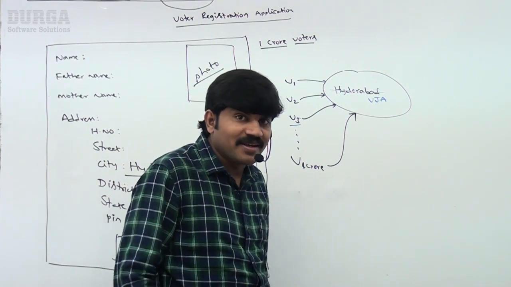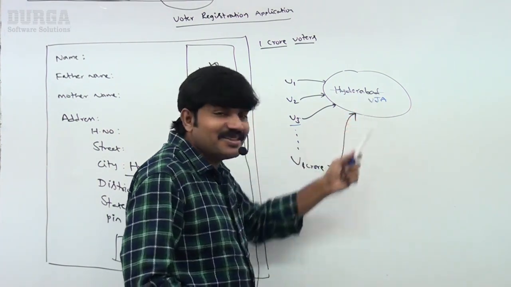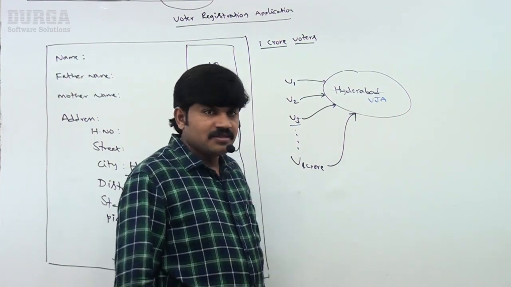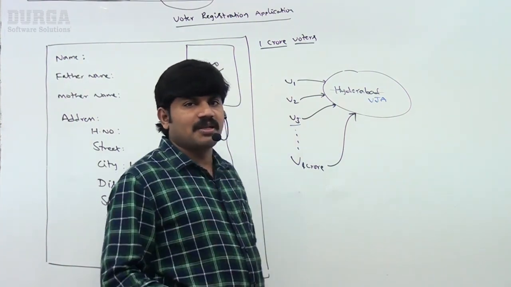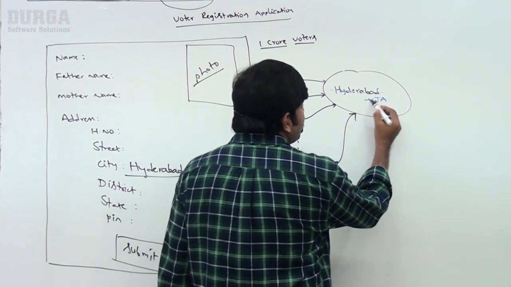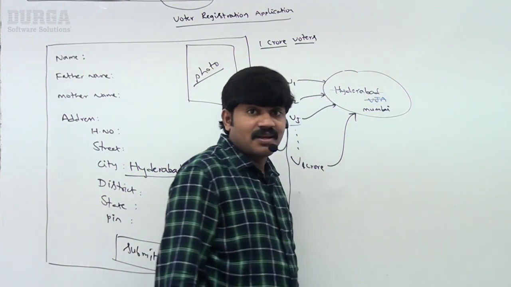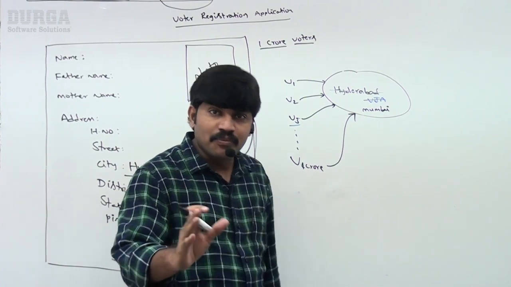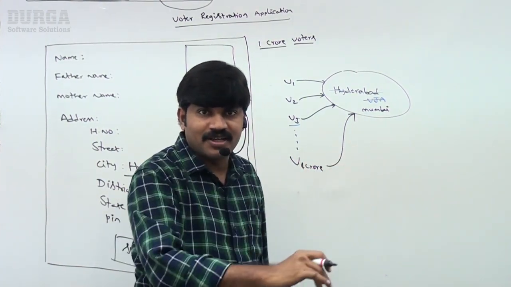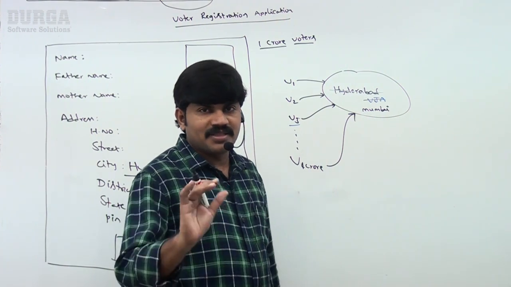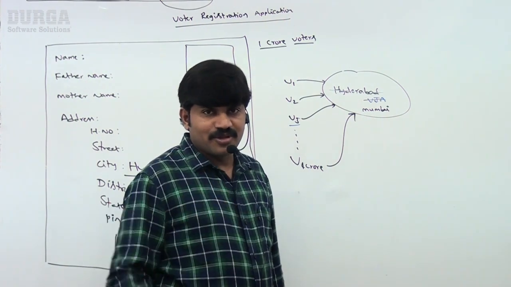Then the problem here is, will this change be reflected for all 1 crore people or not? Yes. After some time, the V2 person comes: my city is not Vijayawada, my city is Mumbai. Forget about the memory advantage and performance advantage, now the program is going to behave abnormally. In the morning I checked the system, my city was Hyderabad.